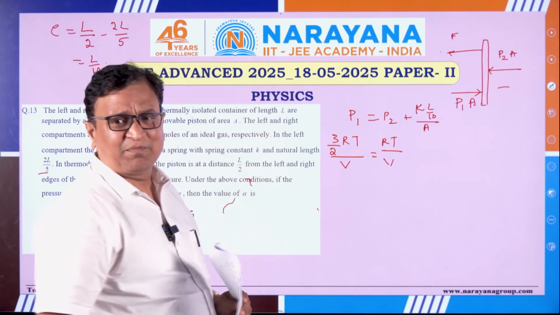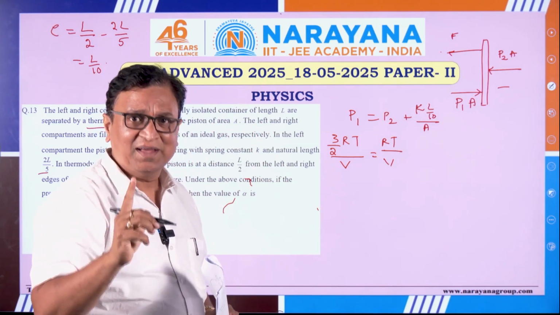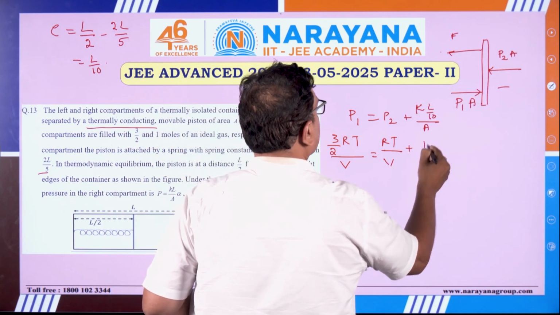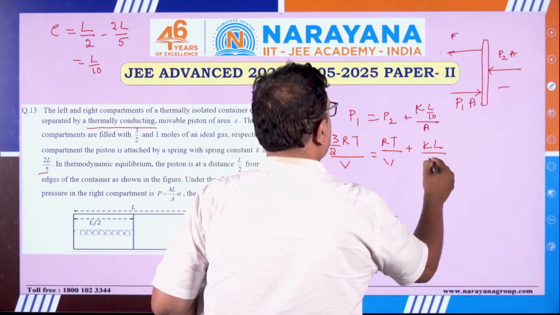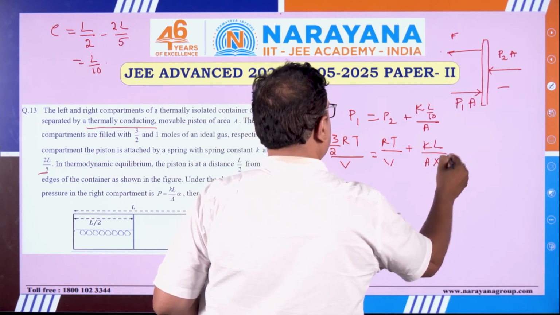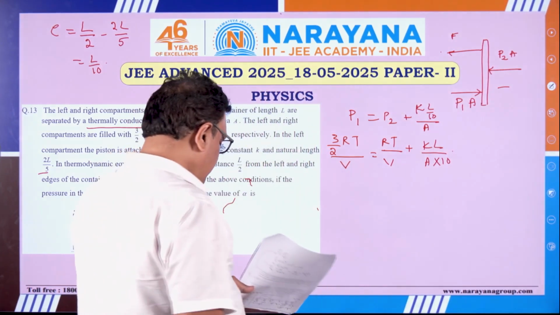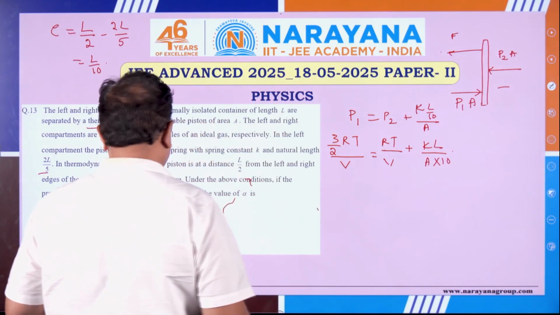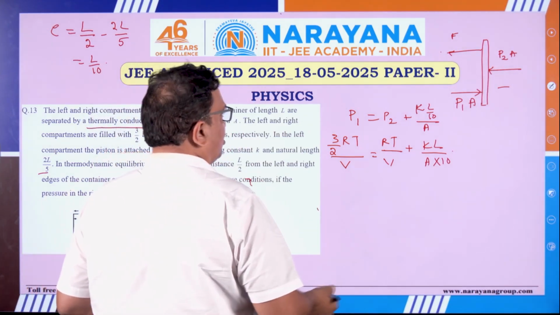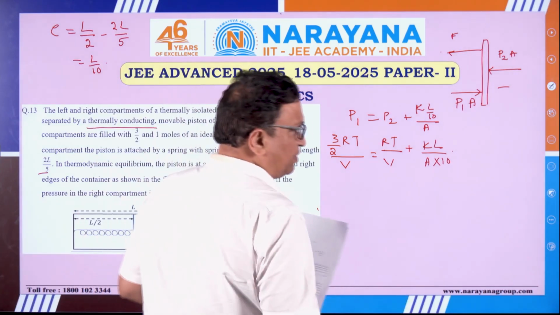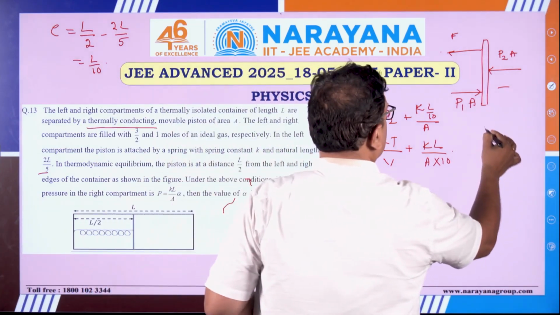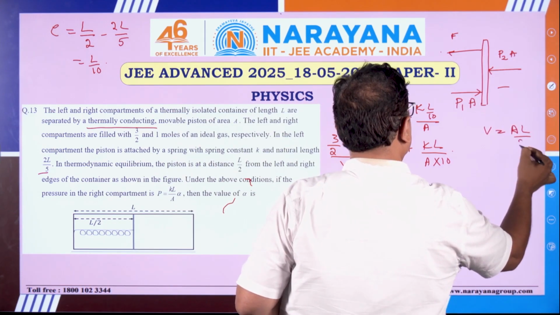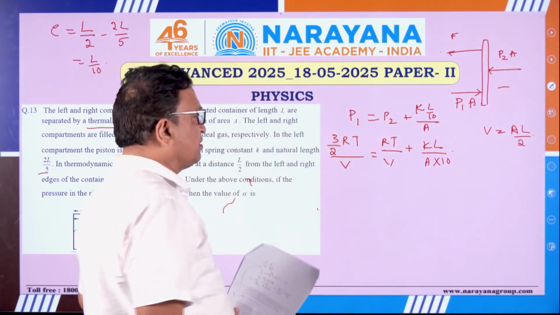Don't ask me why the temperatures are same. I told you very clearly, it's a conducting piston. Plus KL by A into 10. Now you solve this. Wherever you have volume, you can simply write A into the volume of each side, A into L/2.